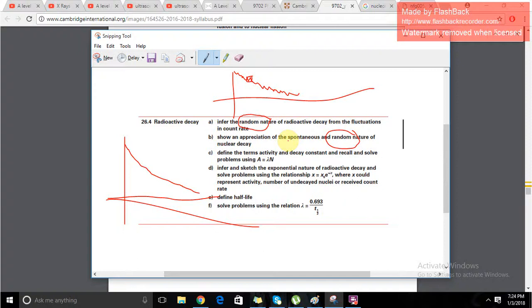So to summarize, nuclear decay is random because it is impossible to predict when a particular nucleus in a sample is going to decay, and because each nucleus has the same chance of decaying per unit time.